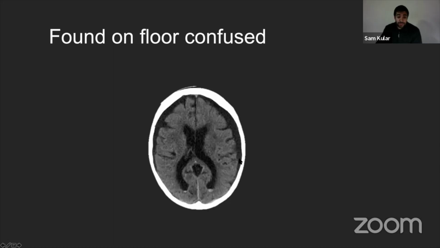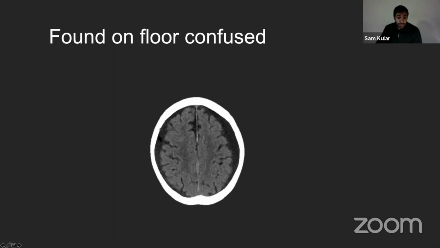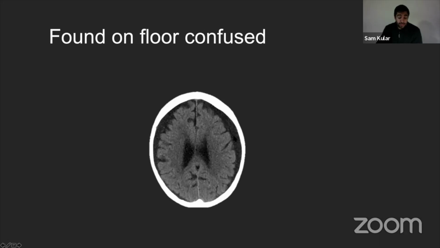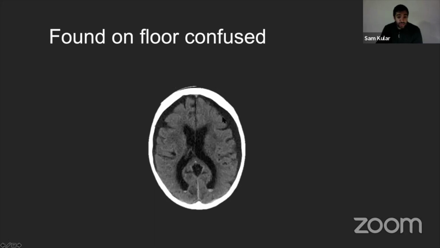So we know that they've been present for a while, and there's no bright material to suggest acute hemorrhage within them. But what we do see is in the lateral ventricles, some acute high density material. And remember, the patient's lying down, so this is at the dependent aspect. So this will layer, and this is acute intraventricular hemorrhage.